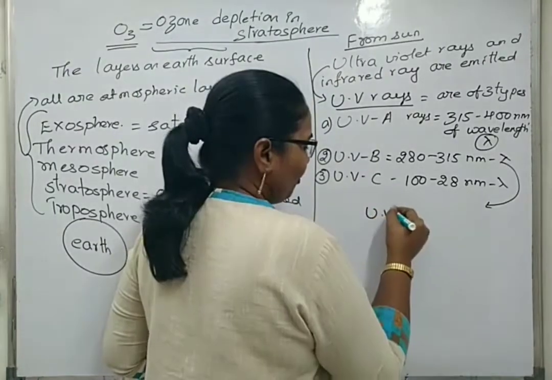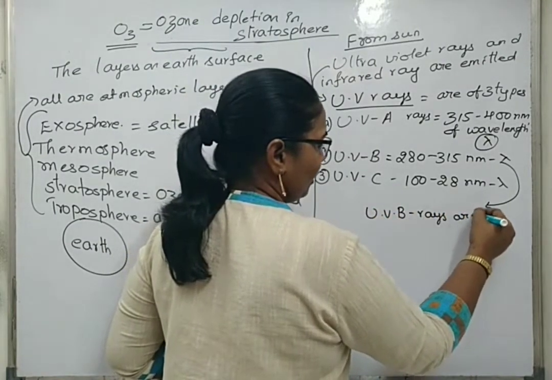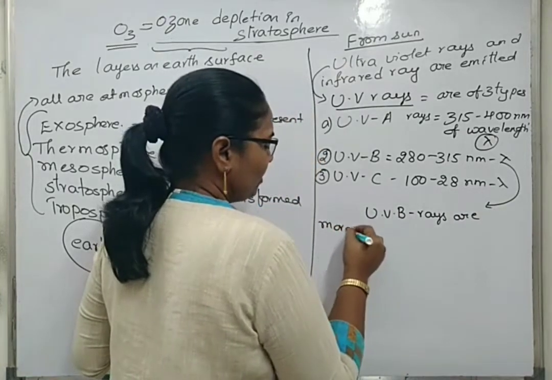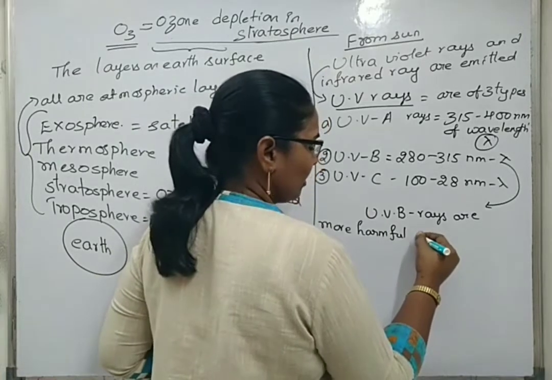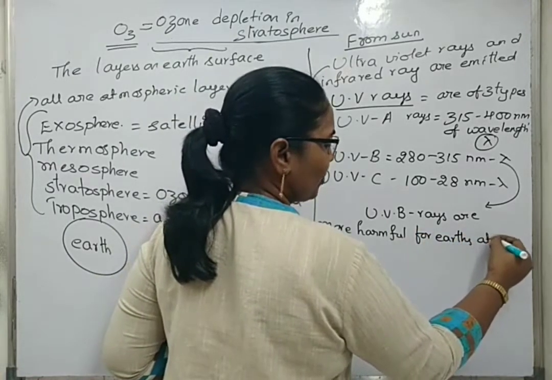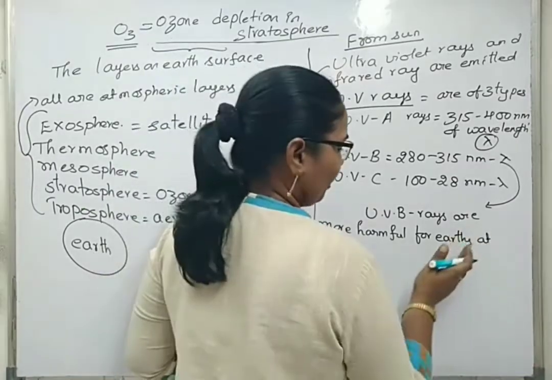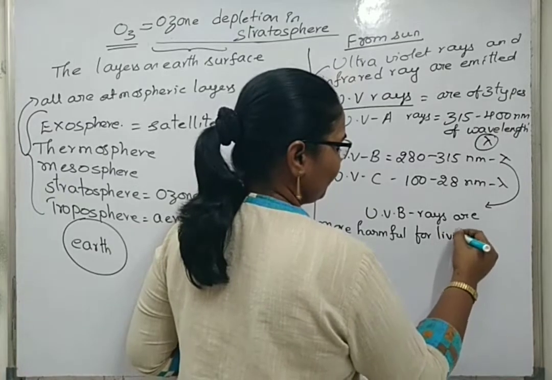So, UVB rays are more harmful for Earth's biosphere, that is, for living organisms.